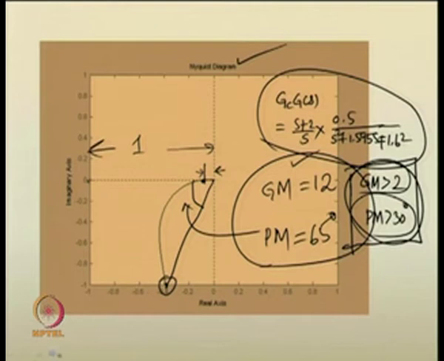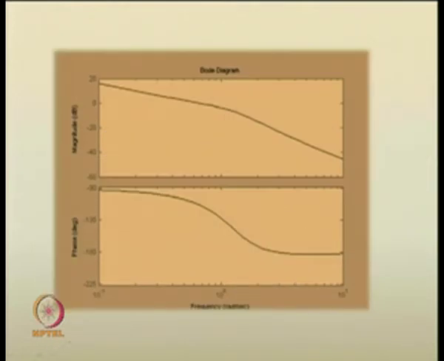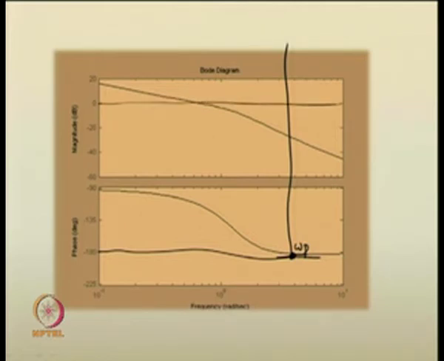Now, the same information can be derived using the Bode diagram. So, using the Bode diagram, we can track the phase and gain crossover frequencies and then the phase and gain margin. So, for the phase crossover frequency, if I draw a line over here at 180 degrees, I will get somewhere like this, and from the phase crossover frequency we can draw a line vertically and find how far you are from 0 dB.